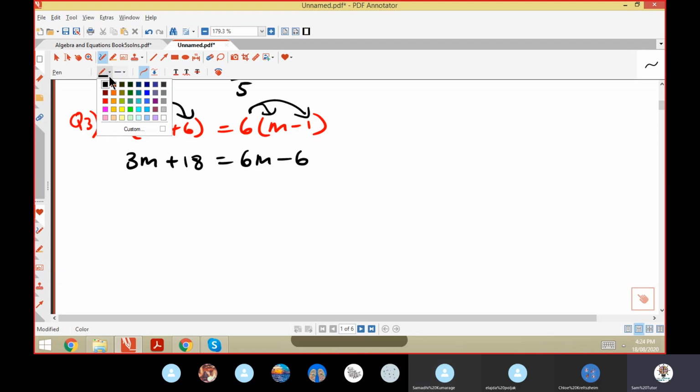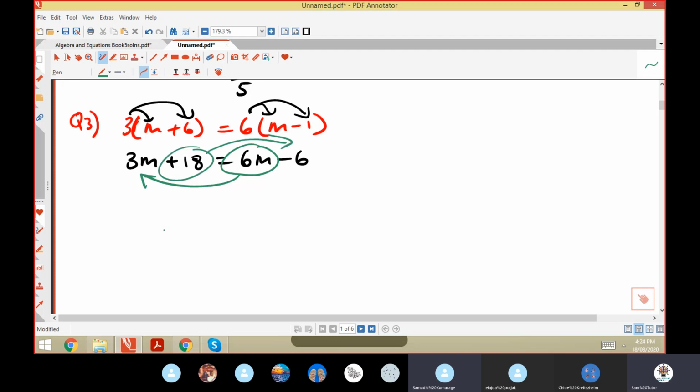And then you would have to bring the 6m over to the left side, and the 18 to the right side. So that would be 3m minus 6m, which is negative 3m, equals minus 6 minus 18.